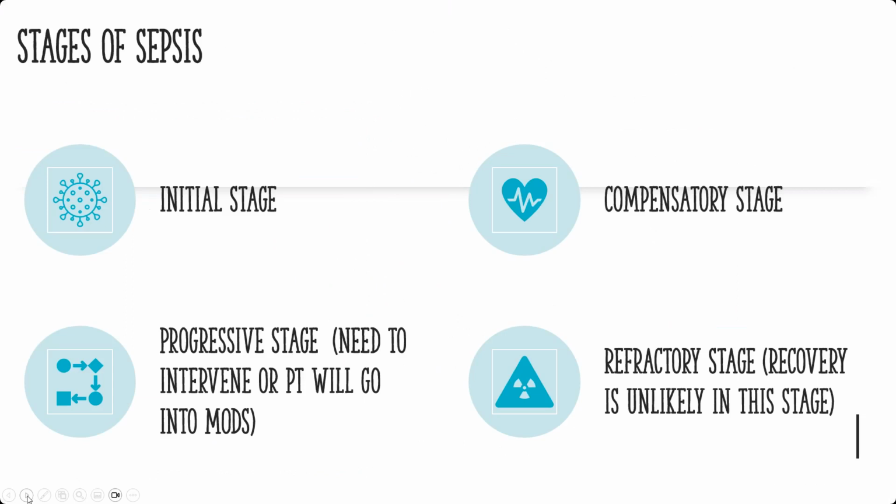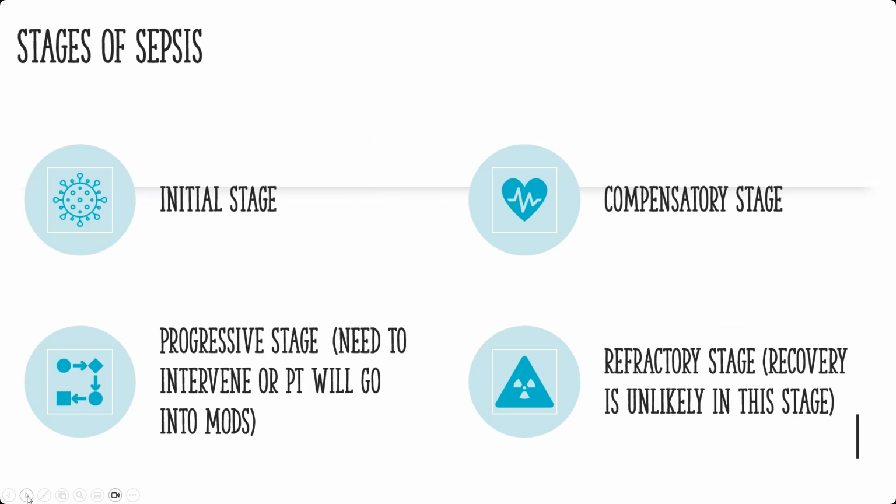But in the progressive stage, your patient can only go for a while before they start to peter out, right? So cardiac and respiratory systems are going to begin to fail. And that's when you're going to have a severe decrease in cardiac output, decreased perfusion. The patient is going to become edematous, especially out in the periphery because of those leaky vessels.